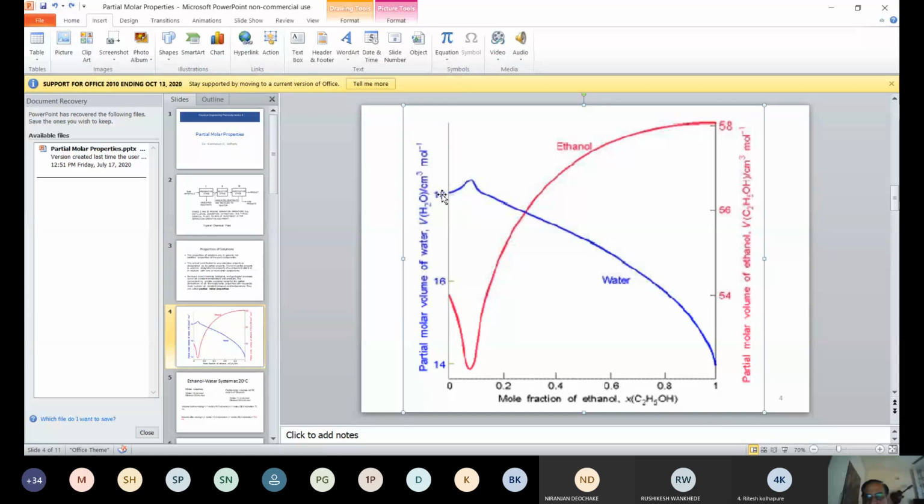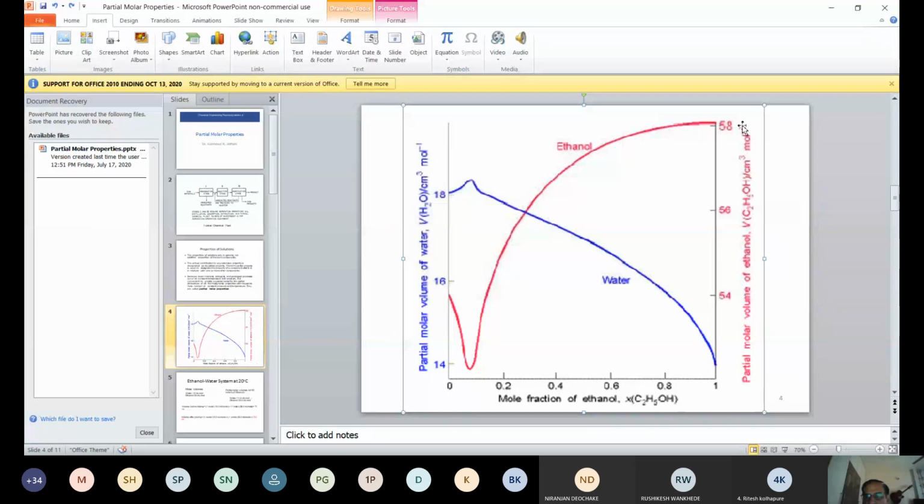Similarly, if I add ethanol to pure ethanol, 100% ethanol at this end, then the contribution of 1 mole of ethanol is 58 centimeters cube per mole in pure ethanol.